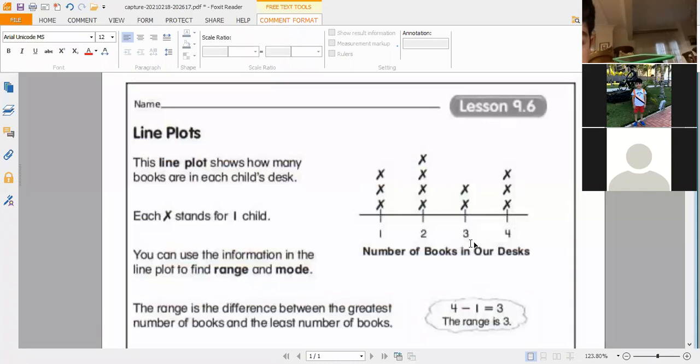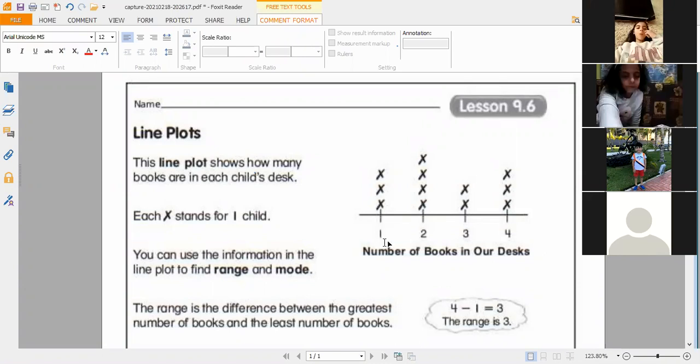Okay, wait. If I want to know how many children choose one book, this is one book, Malik. I will count the x's or the plots. One, two, three children choose one book. If I want to know how many children choose two books, it will be four children.